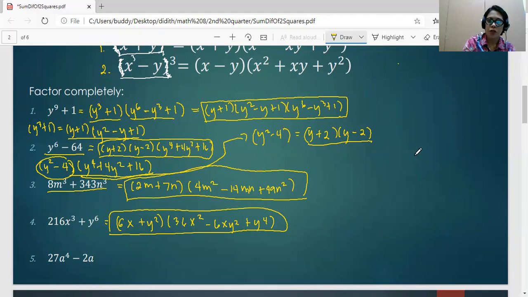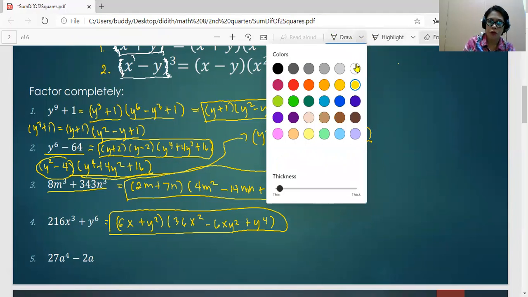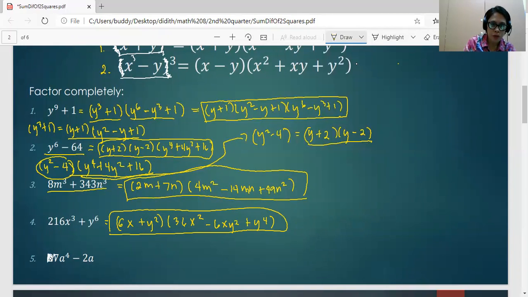So I'll change the given in number 5. So that's supposedly 54a to the fourth minus 2a.